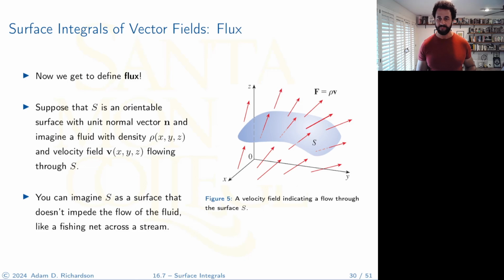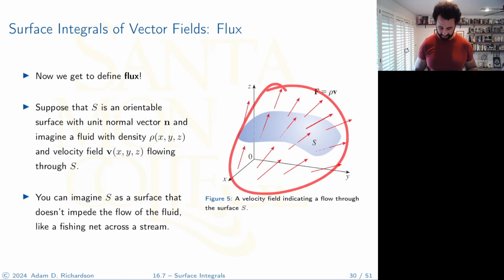There's your surface S, and I want you to imagine a force field, or a velocity field, or a vector field flowing through the surface S. A really good thing to picture is a fishing net across a stream. Just imagine you took that net and flicked it down into the stream. The water is going to flow through the net. That is the intuition that we're working with here. That's the basic idea.